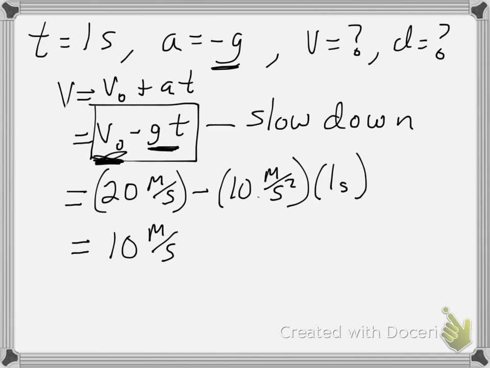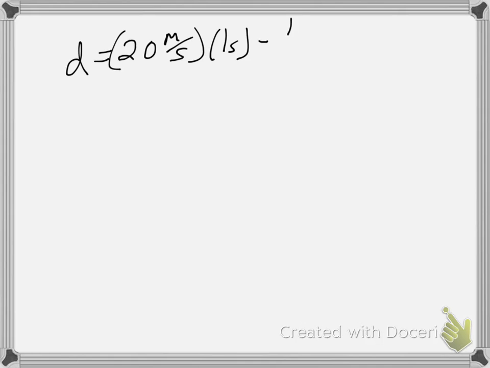Alright, so what about the distance it's covered? Well, here we do need to take the initial velocity into account because we have it. It was 20 meters per second. So this is going to be 20 meters per second times 1 second minus 1/2 g t squared, and again, the minus sign is because g is pointing downward.